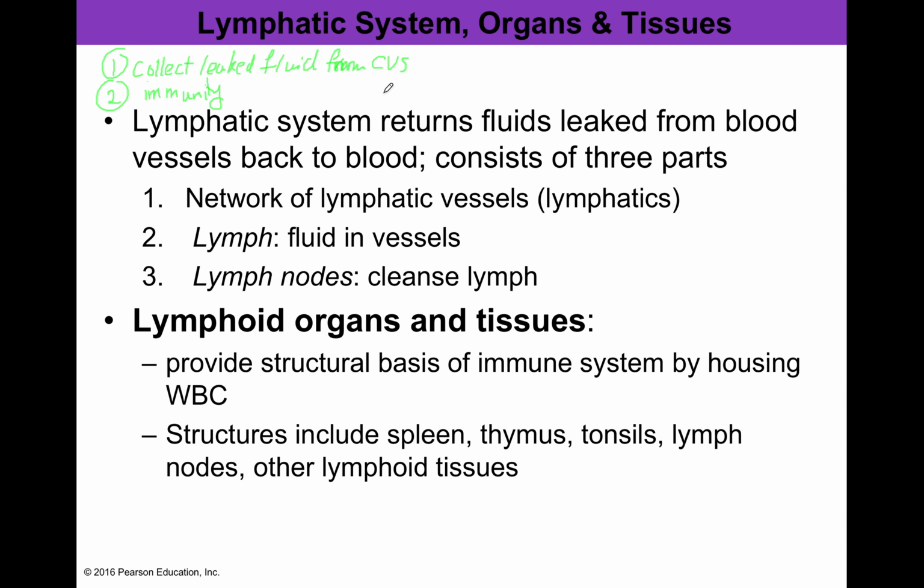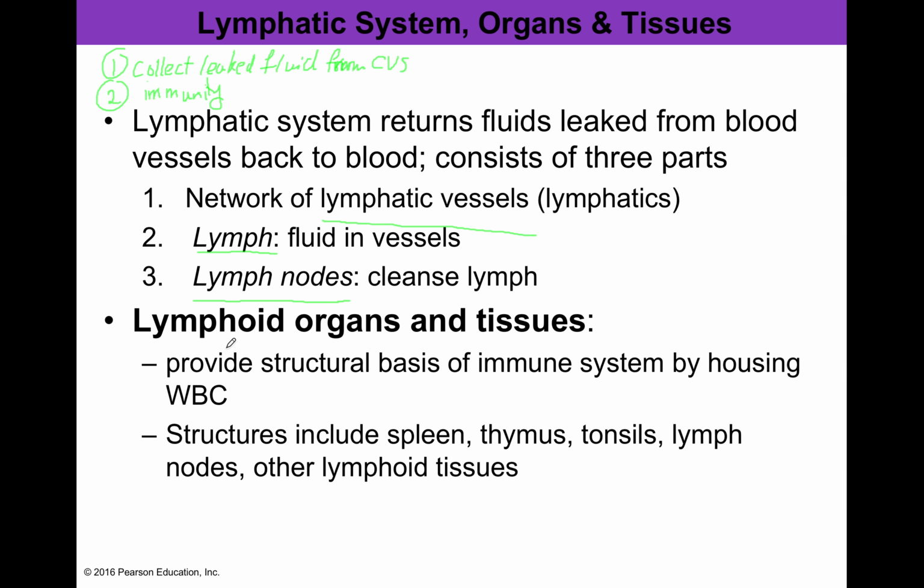And for that to happen, what you're relying on is a network of lymphatic vessels, or lymphatics, that are allowing that fluid to be collected. Spreading throughout these lymphatic vessels, we have tissues that are referred to as the lymph nodes, and I'll discuss that in more detail. Their job is to clean the fluid within the lymphatic vessels, which is known as lymph.